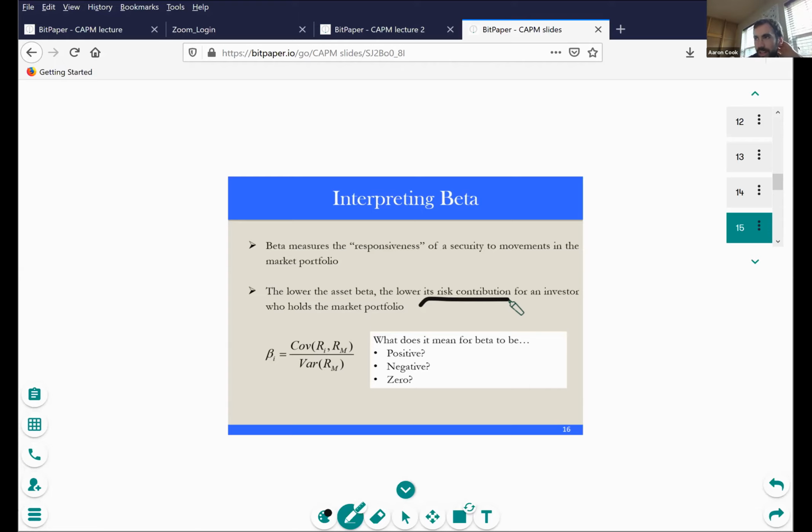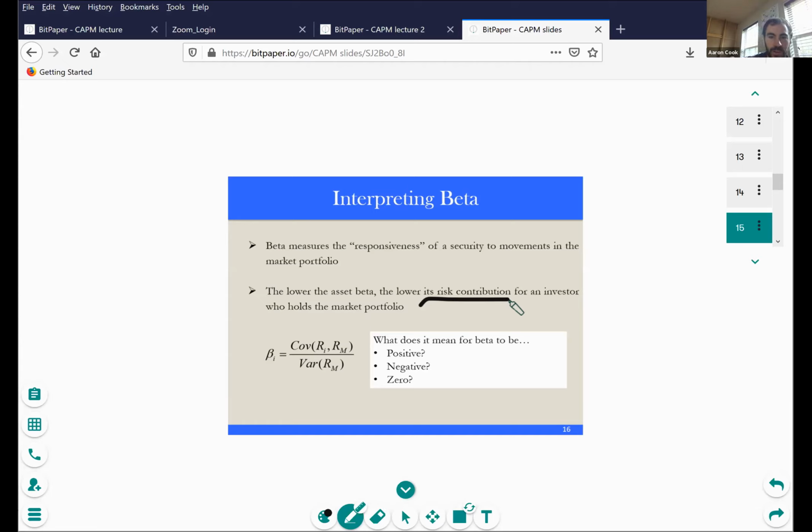An asset with a negative beta is almost like an insurance policy that's going to pay out when the market as a whole is down, but you have to pay into it. And so when the market as a whole is up, that asset will actually be down. So it helps to mitigate wild swings in the market by partially canceling out some of those market swings.